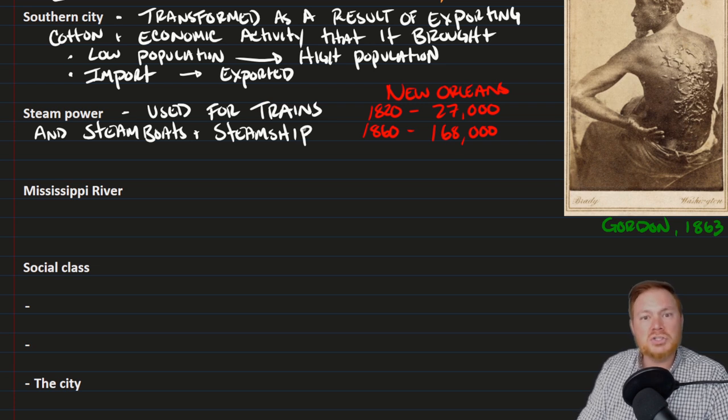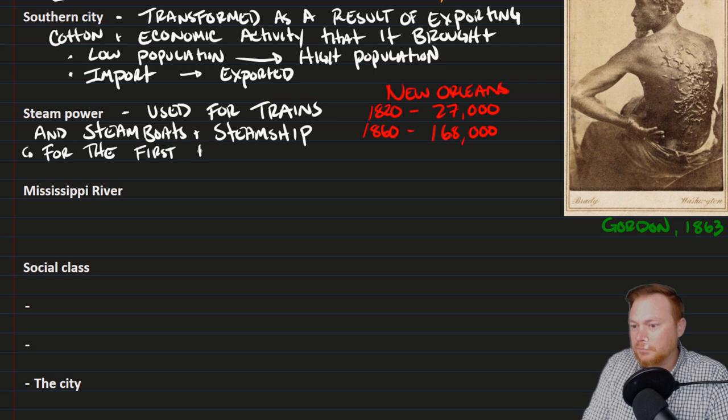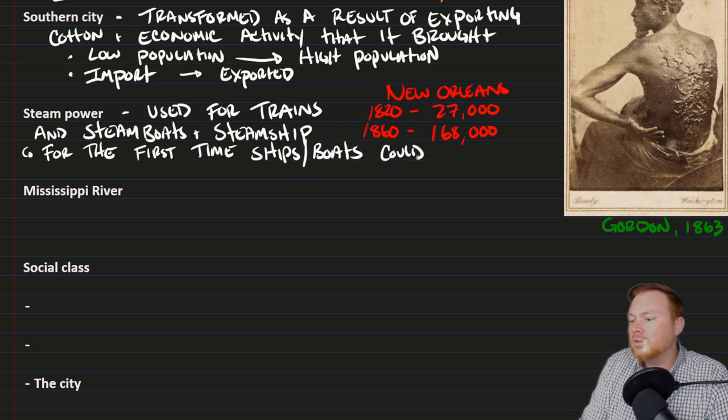And this is just true of the interior of the United States more broadly. But you were very much limited in the way that you could utilize rivers in the sense that you could only go the direction that the river was going. The steamboat and the steamship, or steam power more broadly, meant that for the first time, and this is really why it becomes significant, ships or boats, whatever term you prefer, could, is it still sailing?